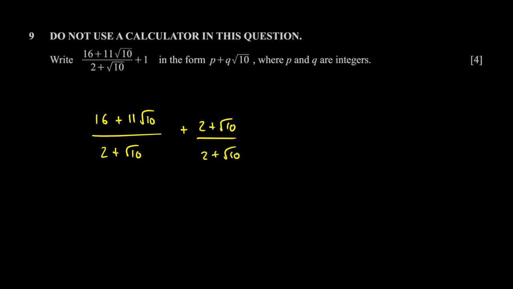So I've rewritten the 1 like that. Now if I add the two numerators together, I've got 16 plus 2, which is 18, plus 12 root 10 over 2 plus root 10.